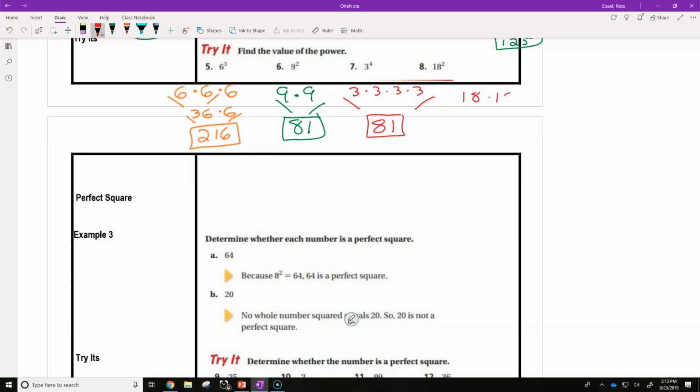Awesome job. And I expect you to do this in your head. What's 18 times 18? I'm just joking. You can do that. It's 324, that is correct.